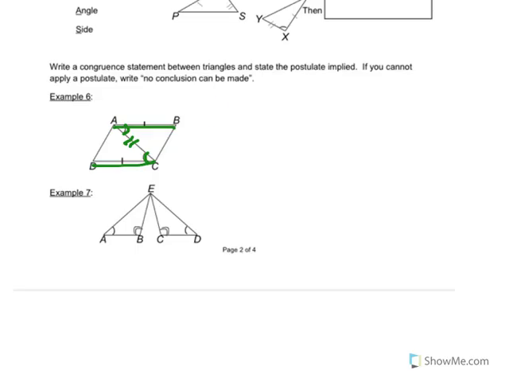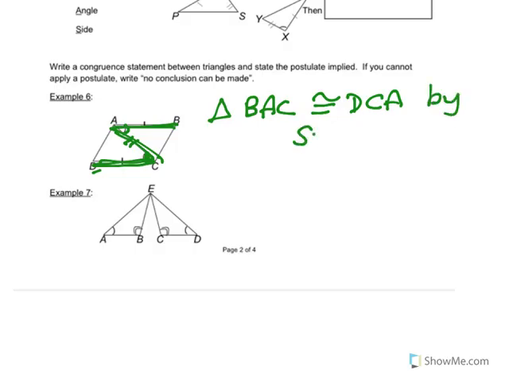So can I state with authority that triangle BAC is congruent with DCA, making sure we're going in the same order, BAC and DCA? How do we know that? Side angle side. Because we do have two sides and the included angle, the angle in between the two sides.